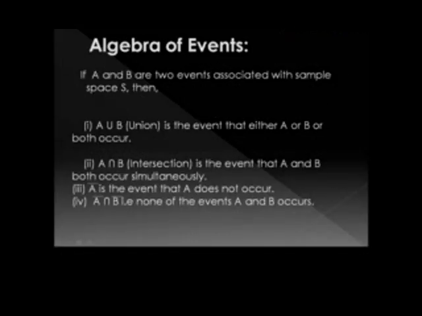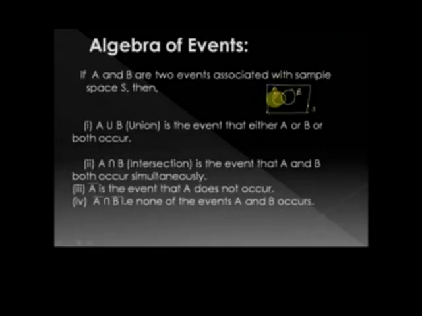Now let us try to understand the algebra of events. If A and B are 2 events associated with the sample space S, then we can have this sample space S. We can have an event A and we can have another event B. Now A union B is the event that either A or B occur.